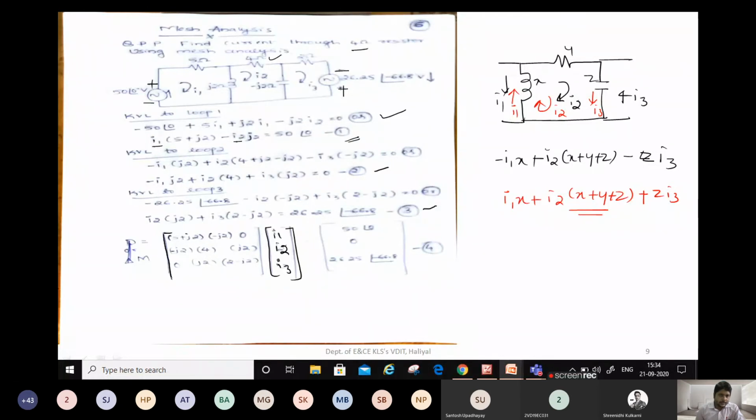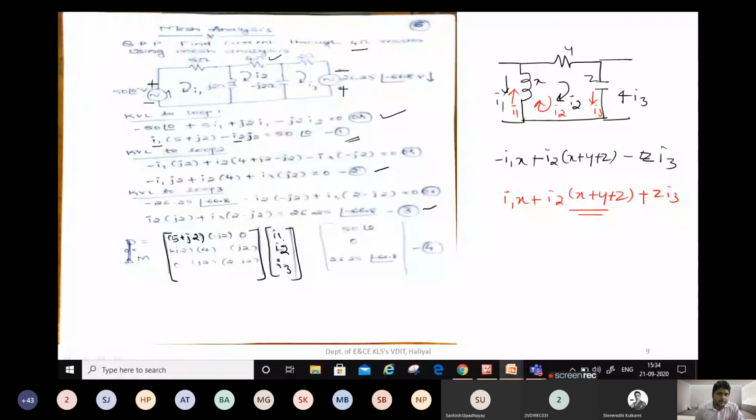And here you get the matrix of the coefficients of I1, I2 and I3. Coefficient of I1 in equation 1 is 5 plus J2. And the coefficient of I2 is minus J2. I3 is not there, so it is 0.